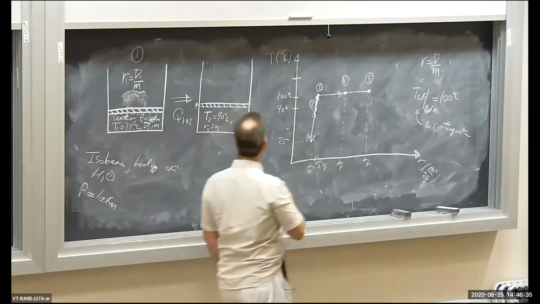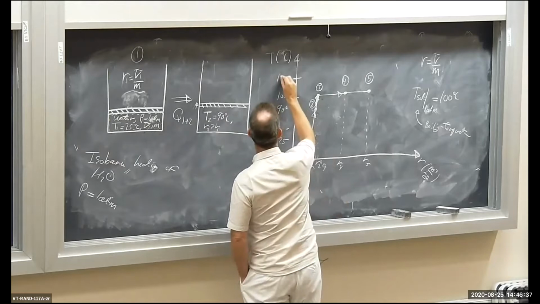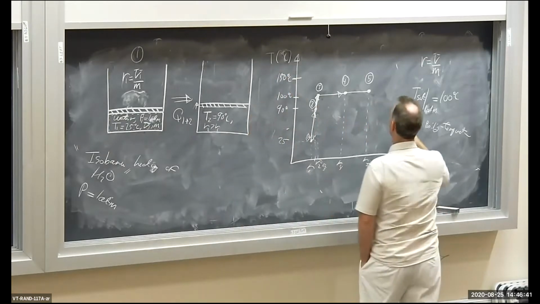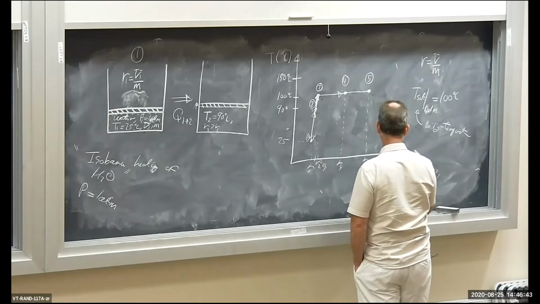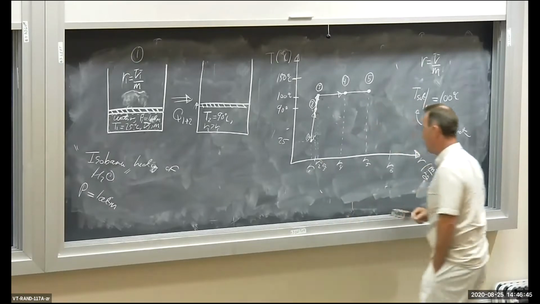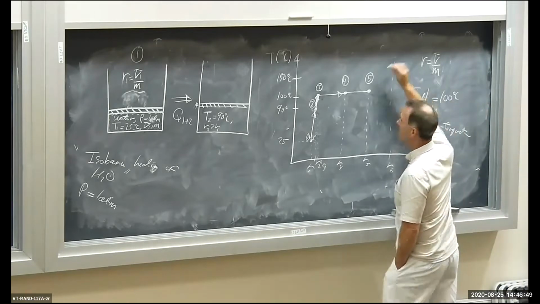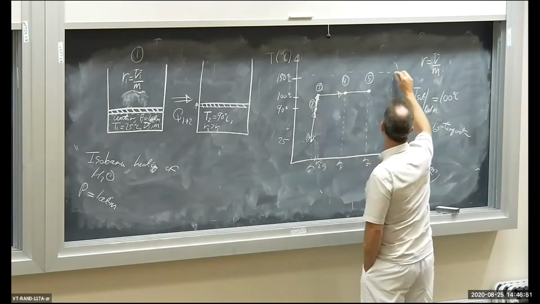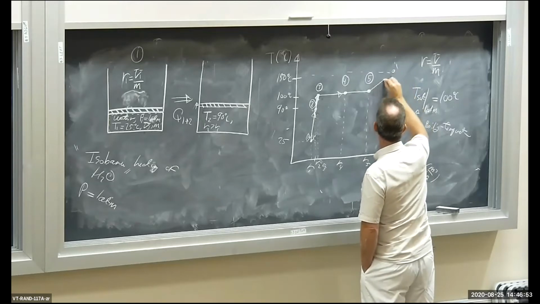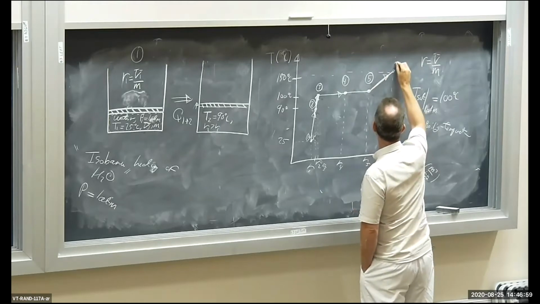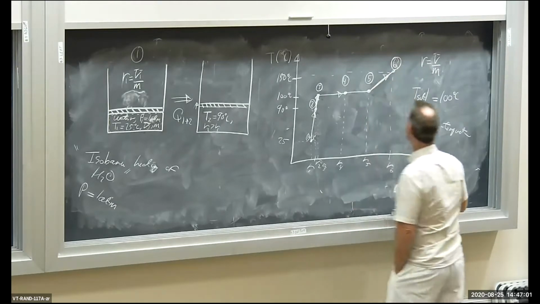So let's make T6 150 degrees C, okay? And specific volume has now gone up. So specific volume at state 6. Okay? So there is the path from state 5 to state 6.